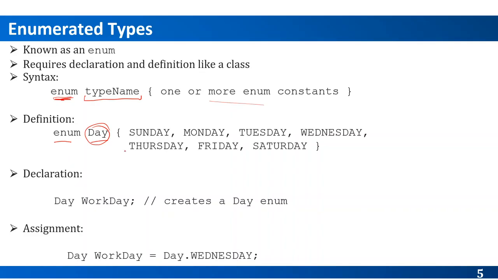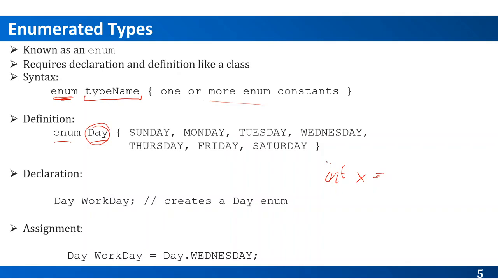All right, so this means that if I declare a variable that is of type day, it couldn't take any value outside this list. Similar to declaring a variable that is int x, it cannot take any value outside integers, the set of integer numbers.